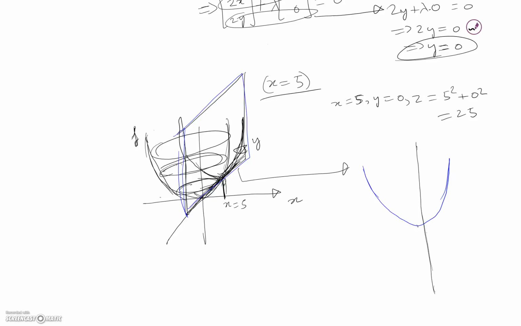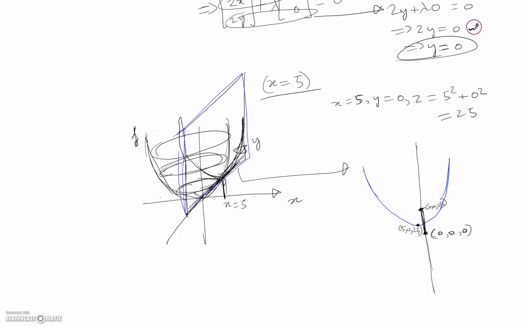Let's draw this point first, the origin x0, y0, z0, and this is where the unconstrained problem is optimized. And let's take the point we already know that the constrained problem is optimized at, which is x5, y0, z25. And now let's take a special point on the z-axis, which is x0, y0, z25.